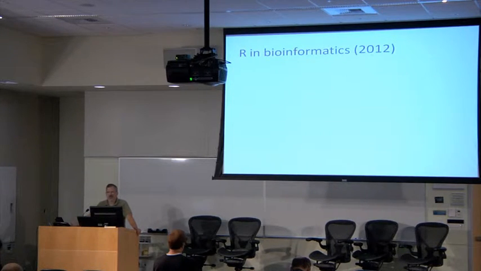Now, here's a similar graph for bioinformatics, but let me explain first. Bioinformatics is a different animal. The word bioinformatics means different things to different people. You can go to a bioinformatics conference and have some people who are essentially computer scientists, but they have some interest in biological problems.